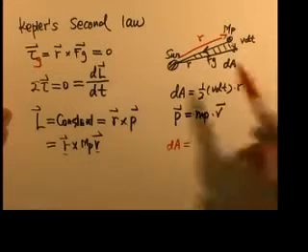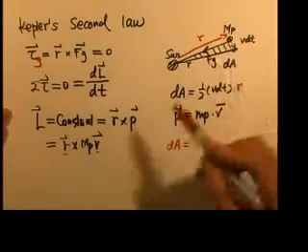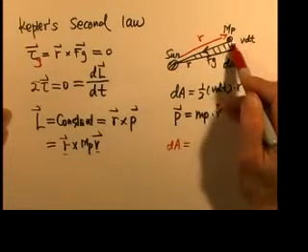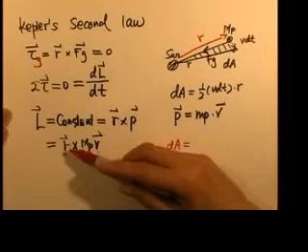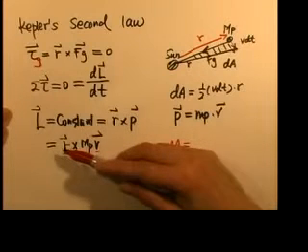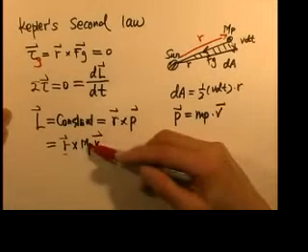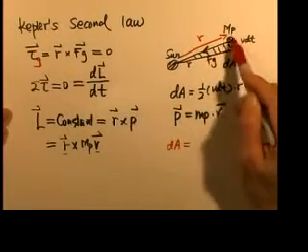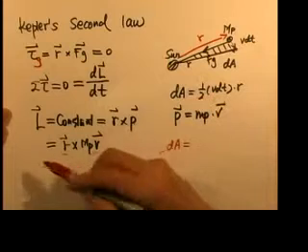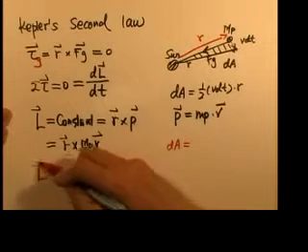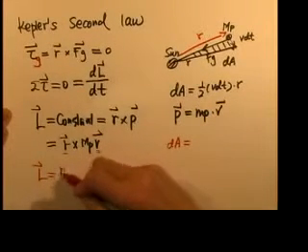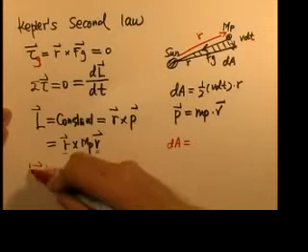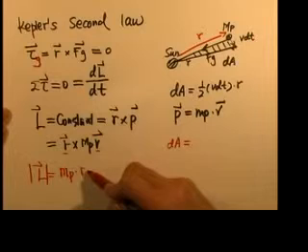In our case, this is the tangential velocity. When we have a vector cross another vector, that is the magnitude times the magnitude times the sine of the angle between them. Right now, the radius and tangential velocity are at 90 degrees, and sine 90 is equal to 1. So the angular momentum, as a matter of fact, is the mass of the planet times the magnitude r times v.